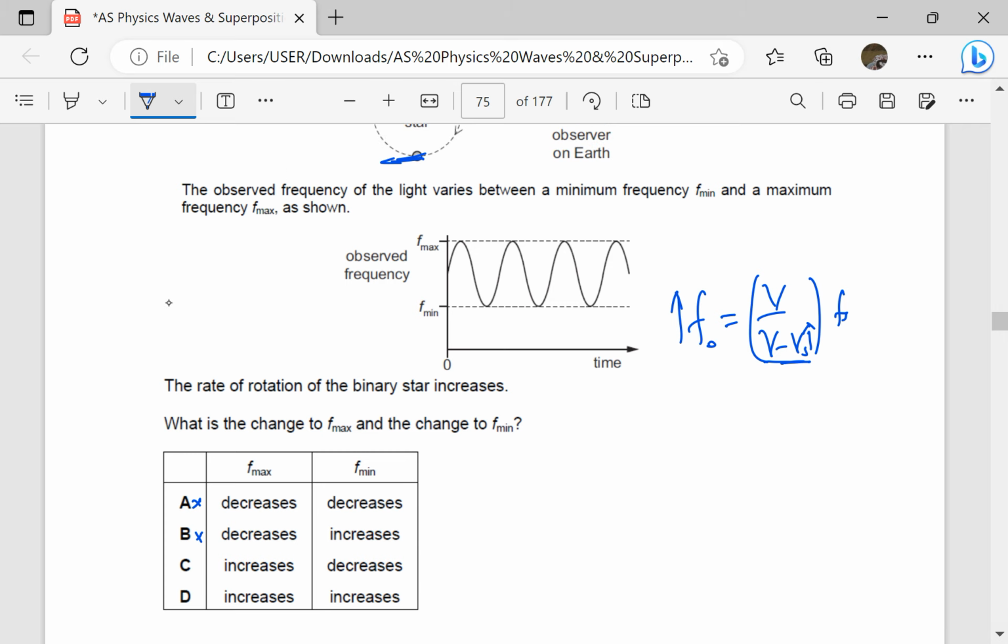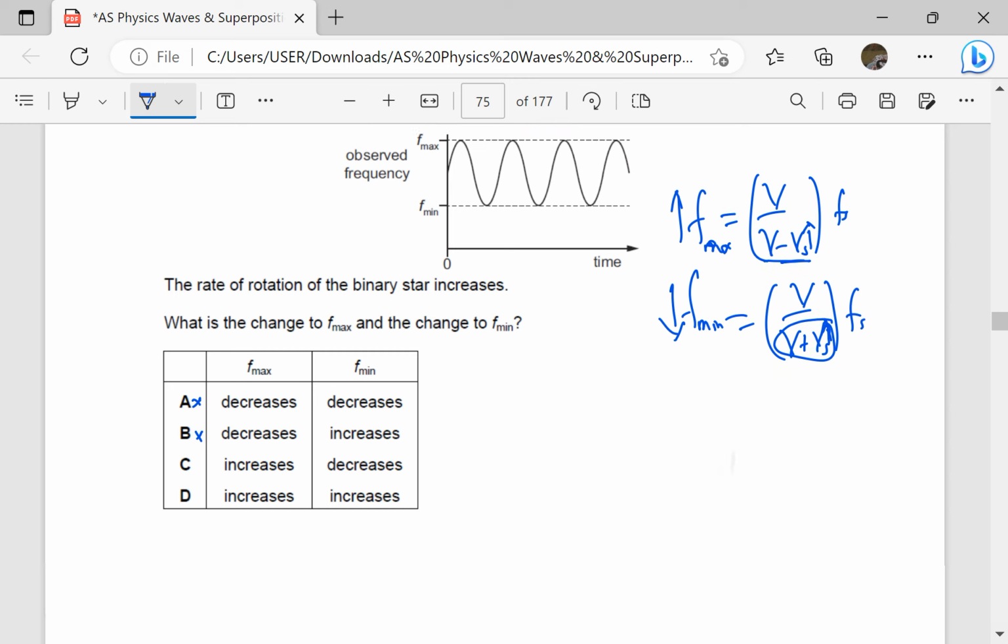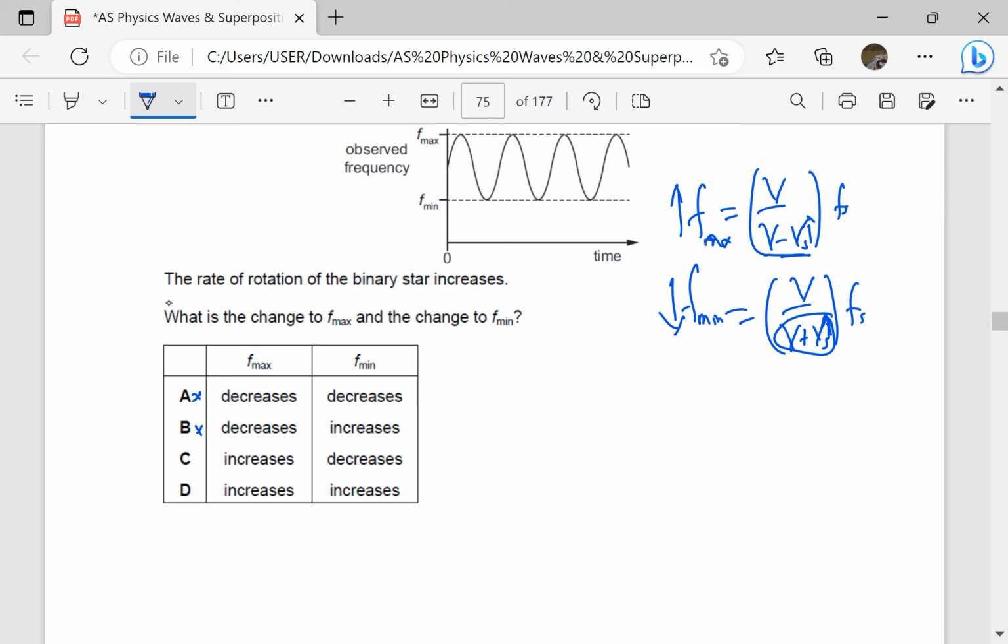Then F minimum is equal to v over v plus vs times fs. The denominator becomes bigger when vs increases, which makes F minimum smaller. So this one decreases. So the answer is going to be C.